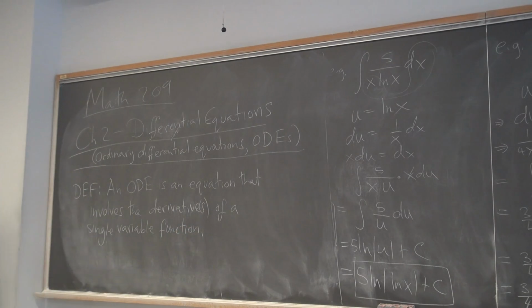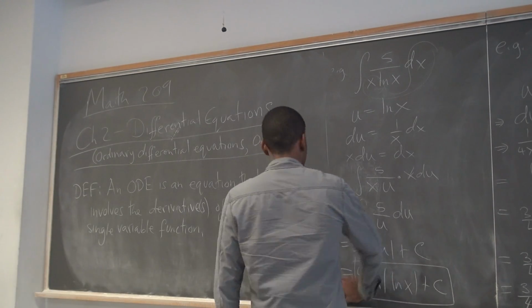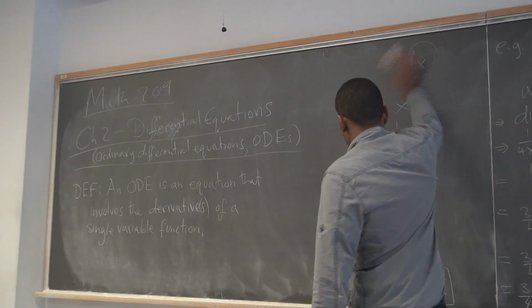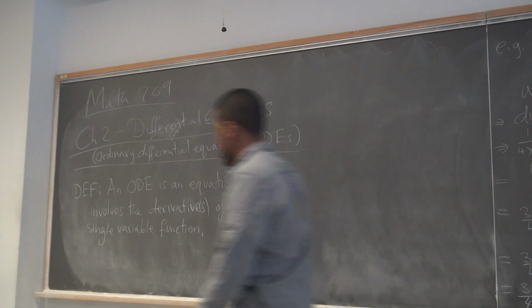Right? So basically equations with derivatives in the equation itself, we call those differential equations. When we just have regular derivatives, we call it ordinary differential equations. We also have partial differential equations, but it's not in our scope, so we won't worry about those. But basically any equation that has a derivative in it, we call it a differential equation.